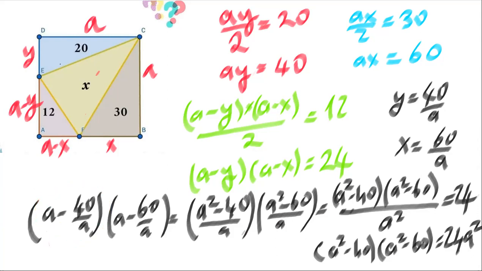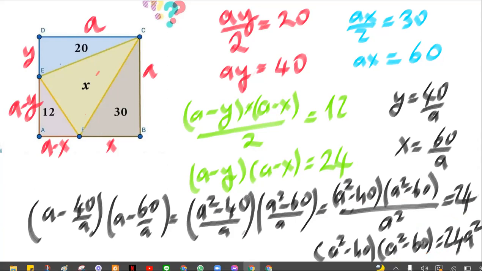If we put 1 here, multiply both sides by A. So this turns out to this one, the first one, and the second fraction turns out to this one. And if we multiply these two, we get A squared, and if we multiply the top parts, we have this expression equals 24. So now if we do cross product, this equals 24A squared. So we will continue with next page.